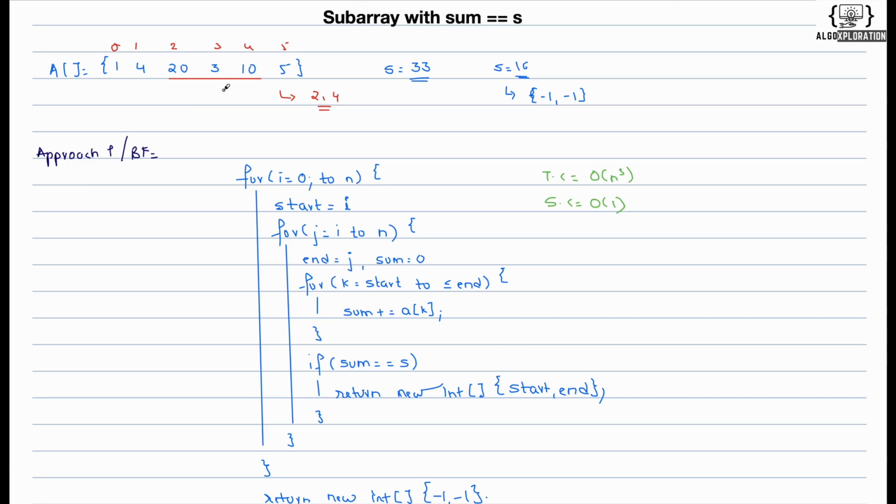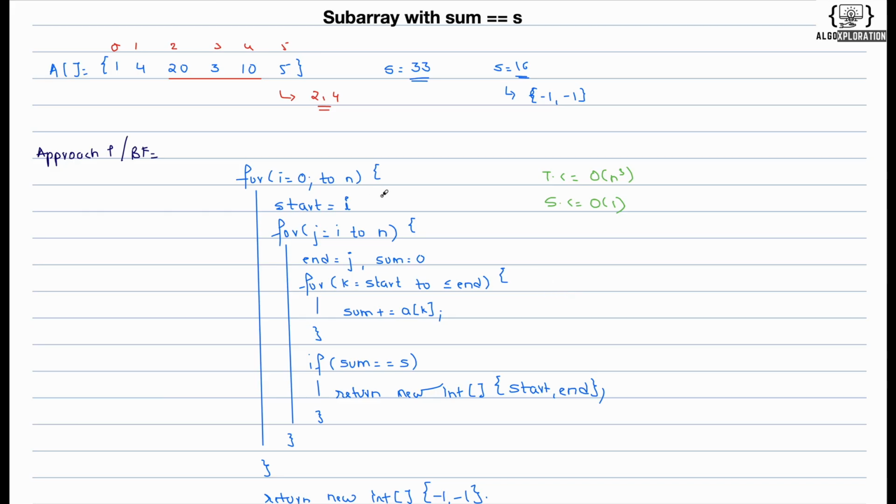So let's say we come up with another approach in which start is here, end is here. Okay, and just for simple calculation, if we find this sum directly, this for loop will be eliminated, right?